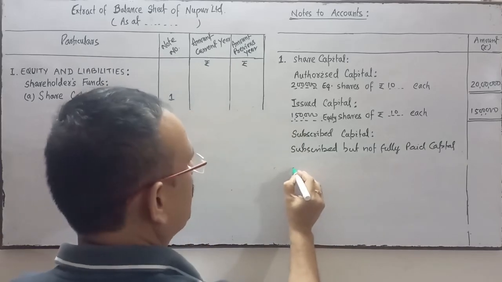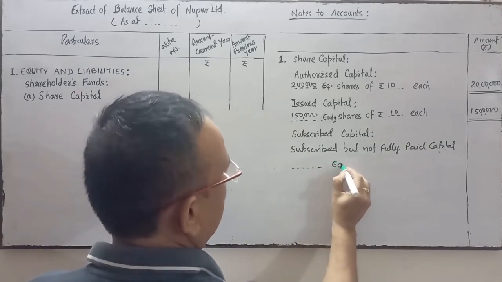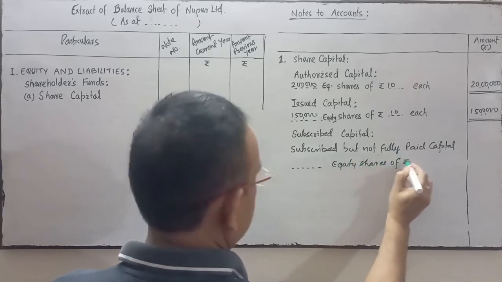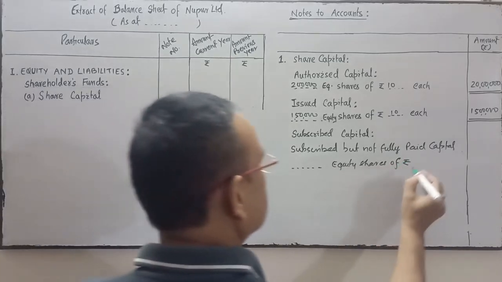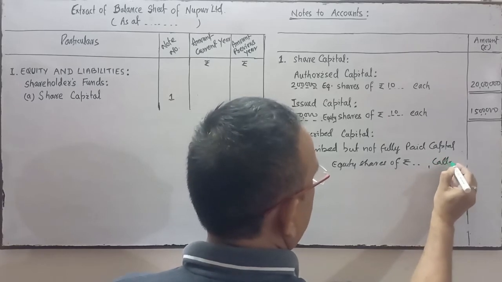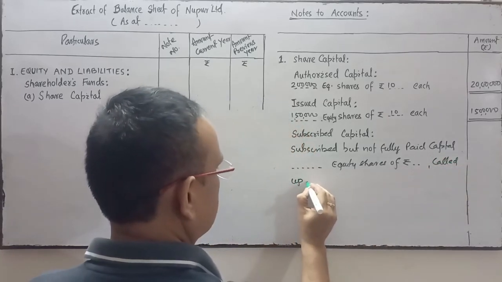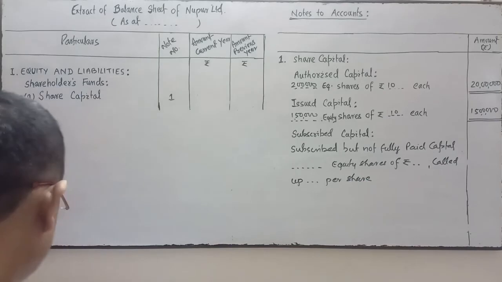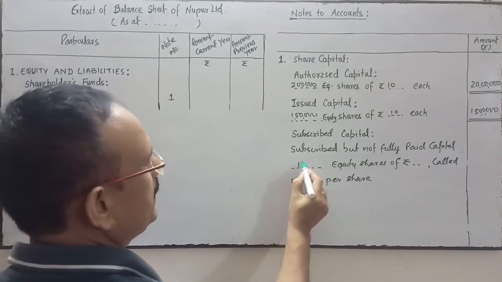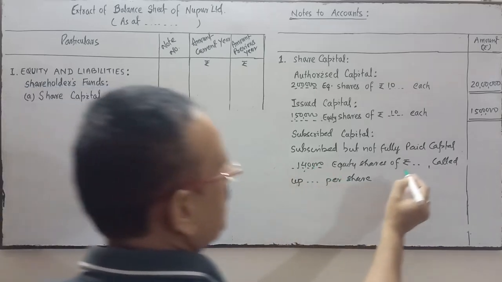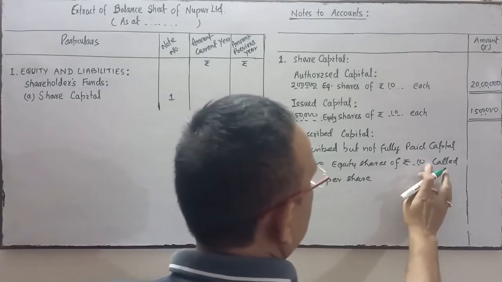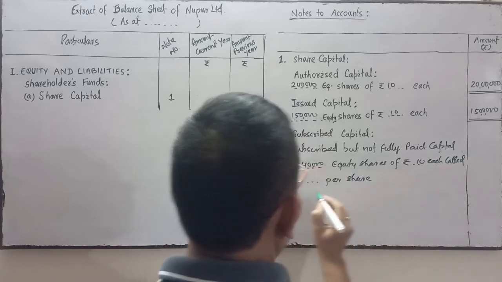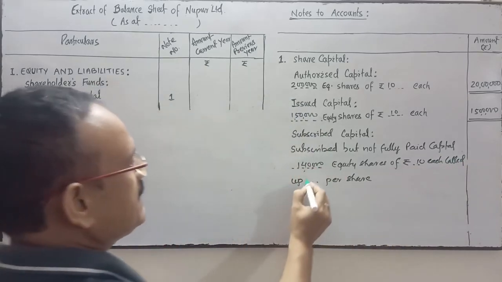Under it, the number of shares are 1,40,000 equity shares of rupees 10 each, called up rupees 7 per share.